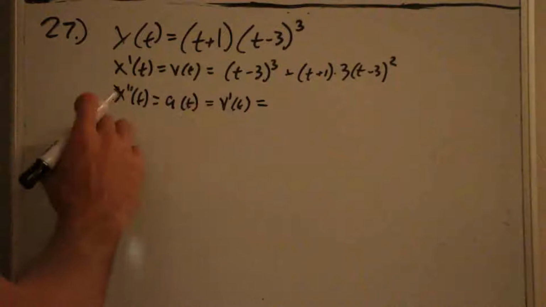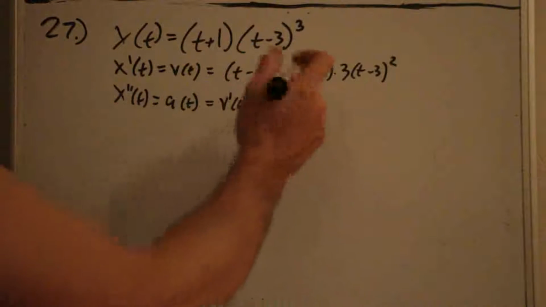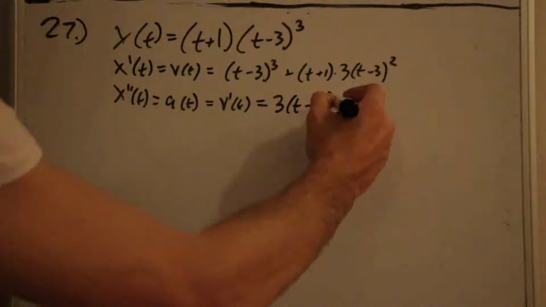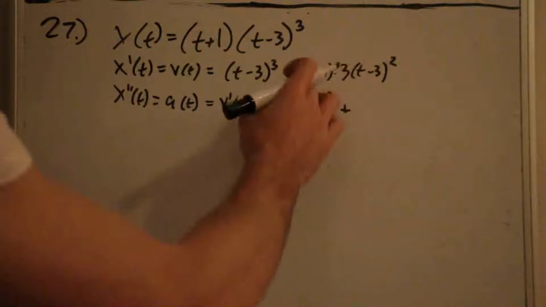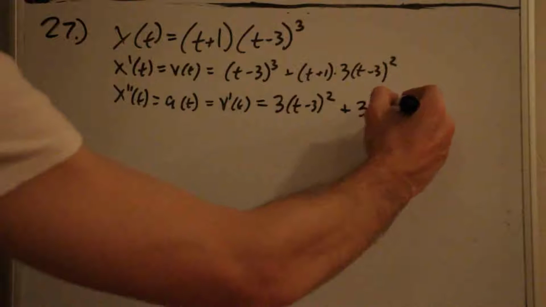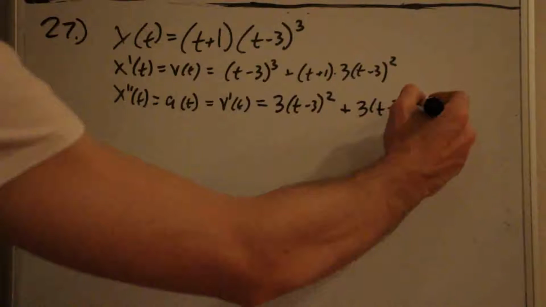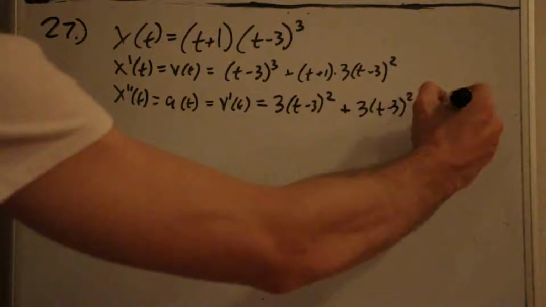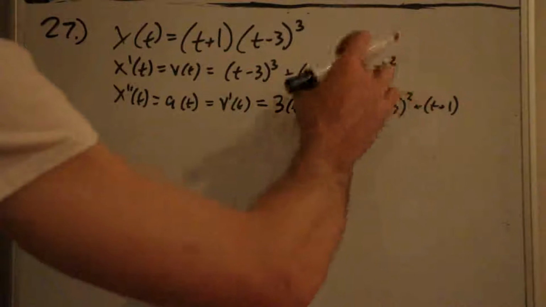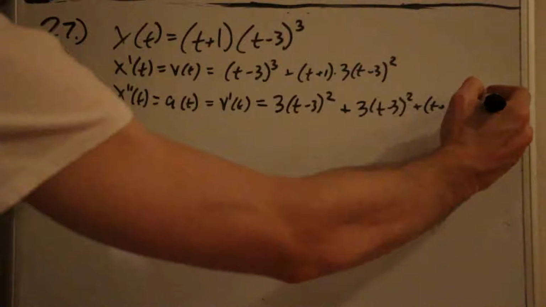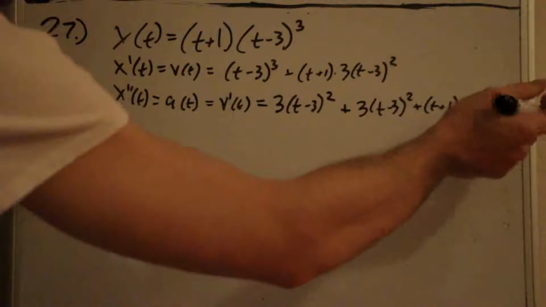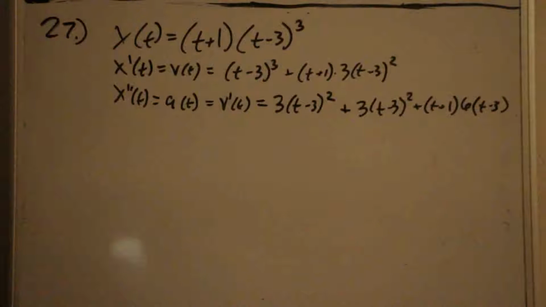So I take the second derivative of this function and I get 3 times t minus 3 squared plus, now it's product rule again, the derivative of the first is just 1, so it's 3 times t minus 3 squared plus the first, which is t plus 1 times the derivative of the second, so 2 times 3 is 6 times t minus 3, 2 becomes a 1, and then the derivative inside is just 1.